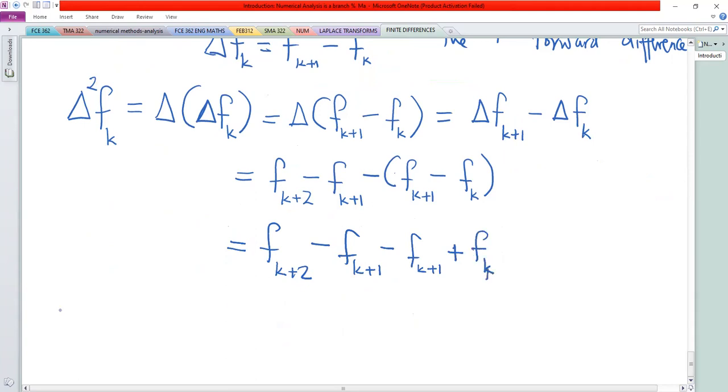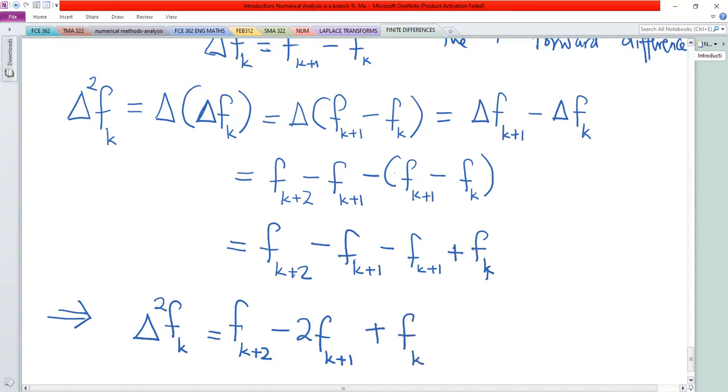And this implies that the second forward difference of fk will be given by fk plus 2 minus 2 fk plus 1 plus fk. So this is what we call the second forward difference.